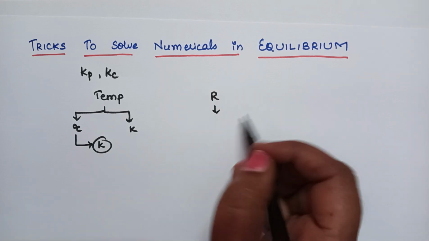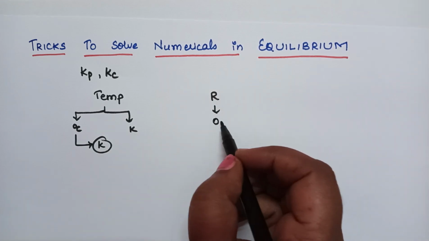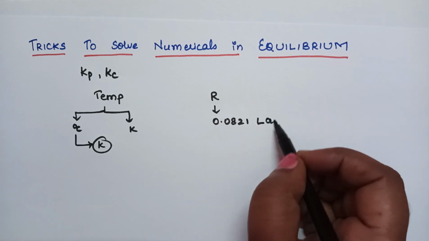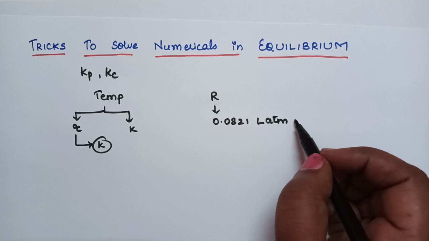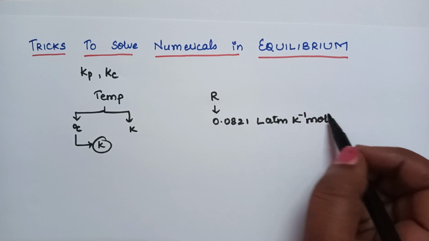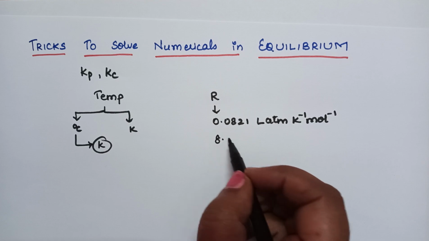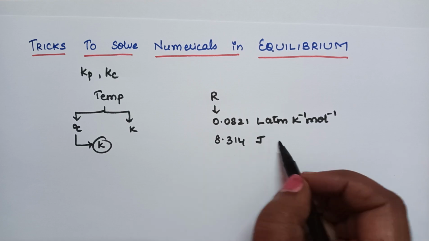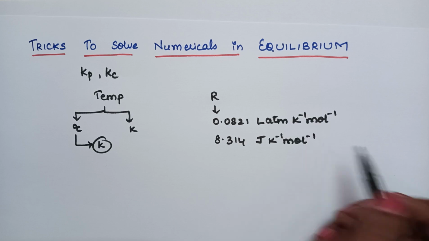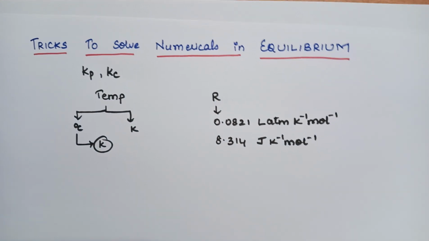Coming to R value. You have 0.0821 liter atmosphere per Kelvin per mole, or you have 8.314 joule per Kelvin per mole. So which R value to use?